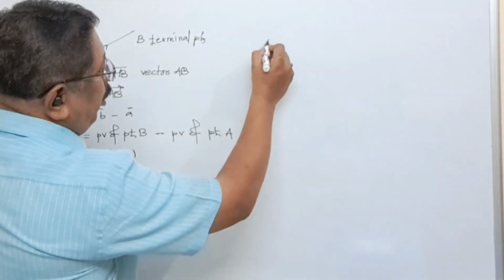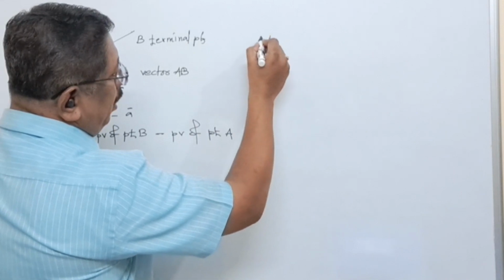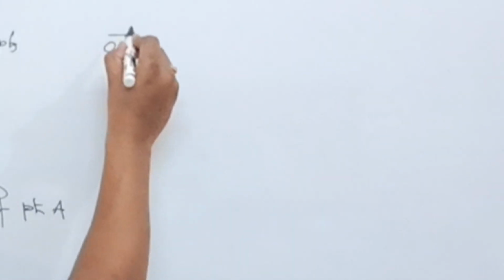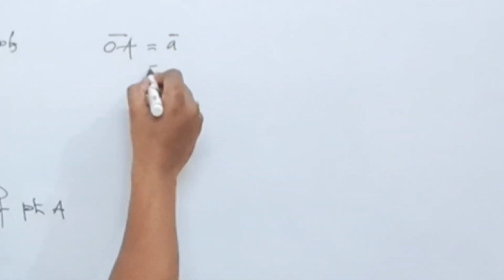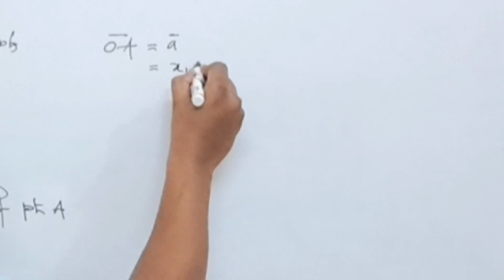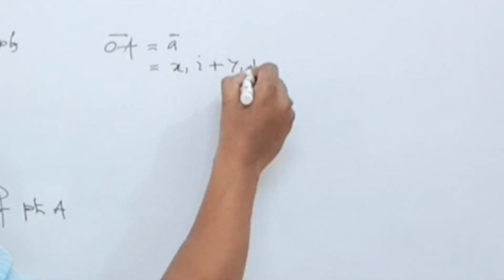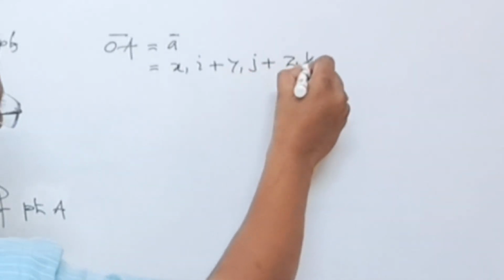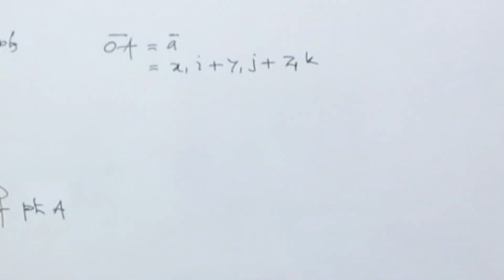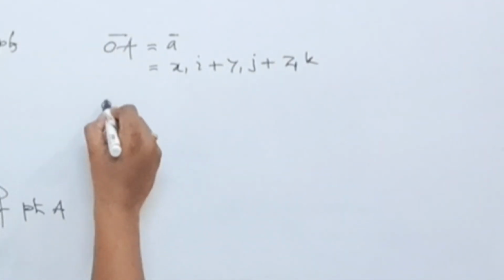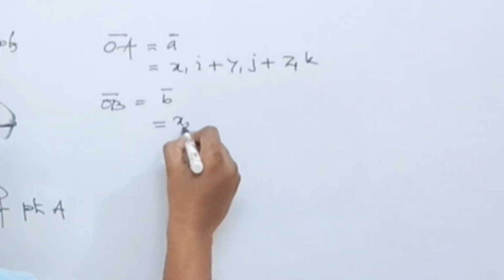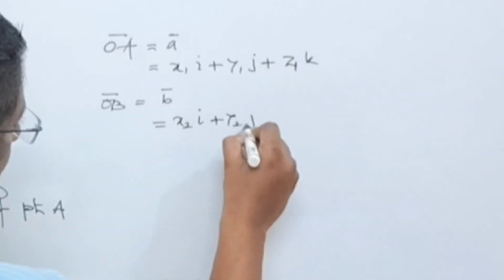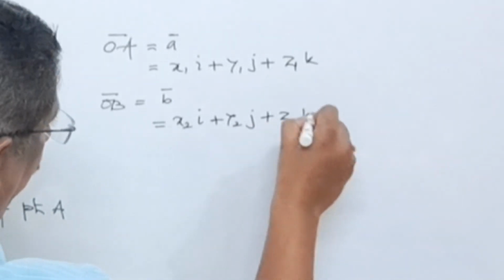Obviously, that point A, vector OA, A bar, the position vector of point A, will be given by x1i plus y1j plus z1k. What does x1i plus y1j plus z1k mean, and what will OB be? It is obviously B bar, which is given as x2i plus y2j plus z2k.